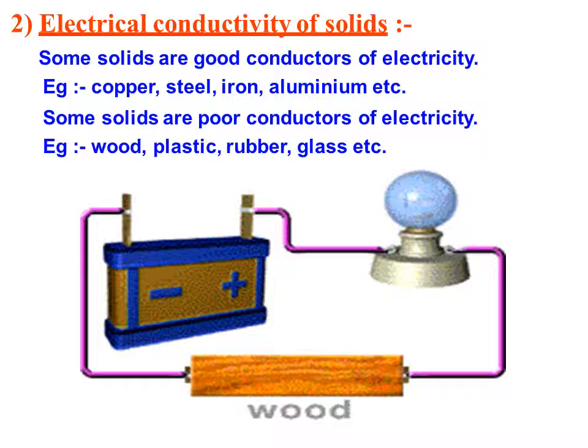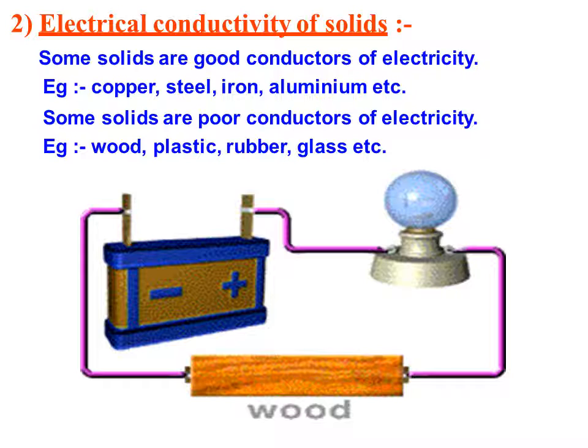Some solids are good conductors of electricity, as we discussed earlier also, that is copper, steel, iron, aluminum. Whereas some solids are poor conductors of electricity. That means they are also called insulators. Examples: wood, plastic, rubber, glass, etc.